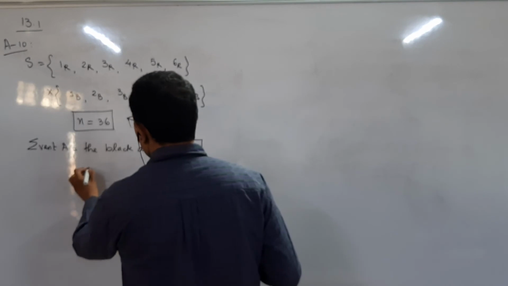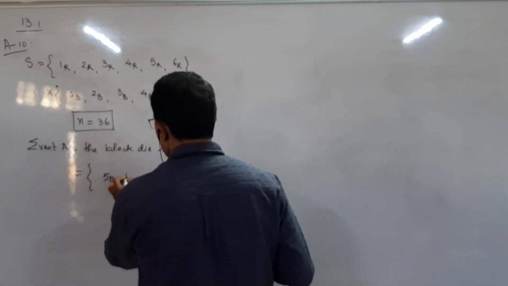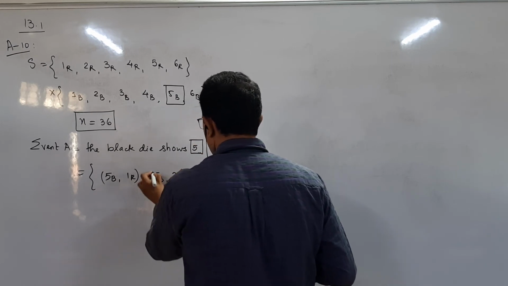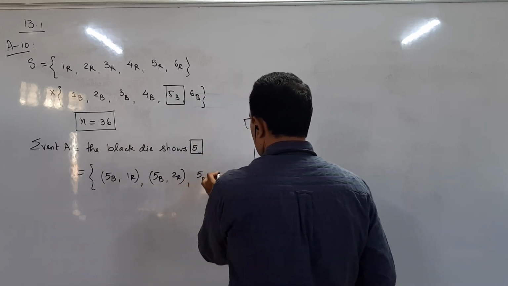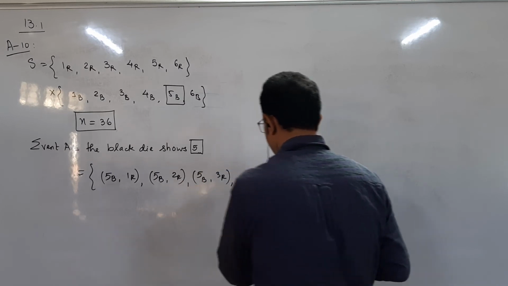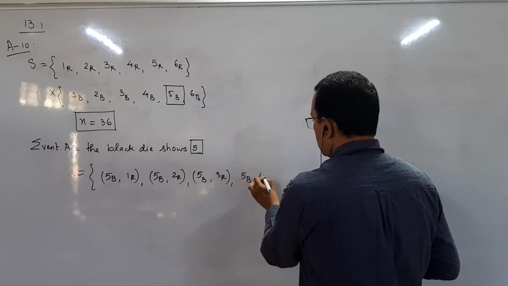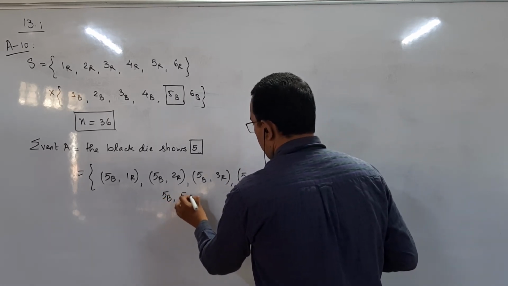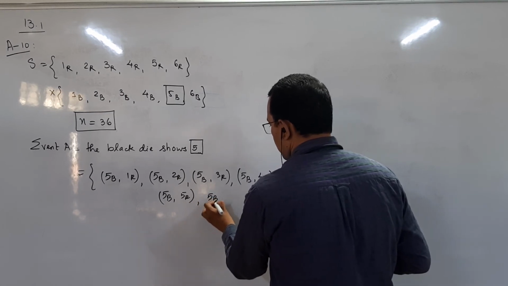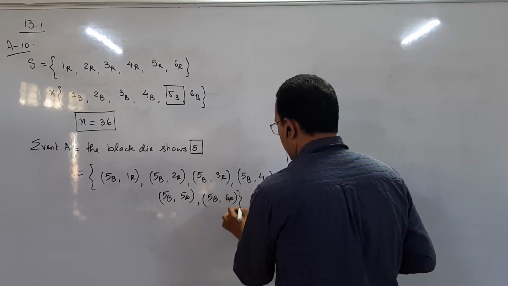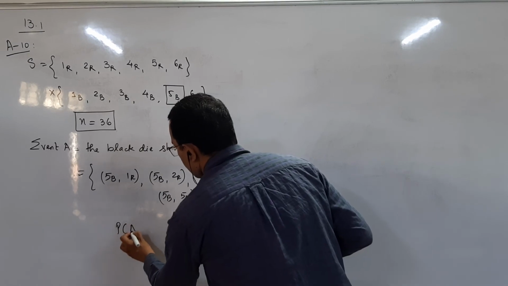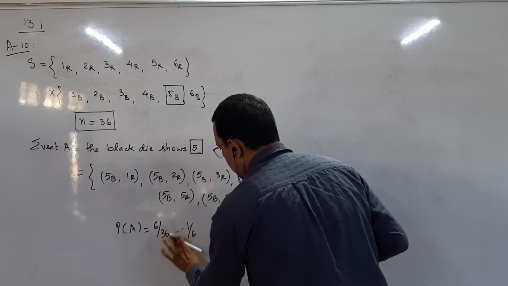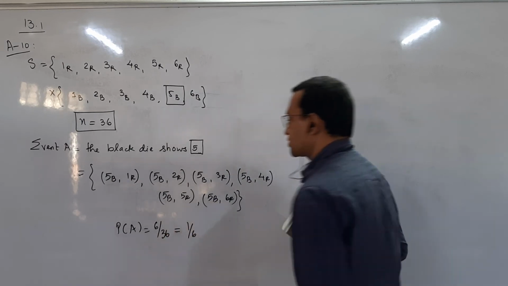So, the favorable outcomes I am writing: 5B 1R, 5B 2R, 5B 3R, 5B 4R, 5B 5R, and the last is 5B 6R. So the probability of event A is 6 by 36, which is nothing but 1 by 6.